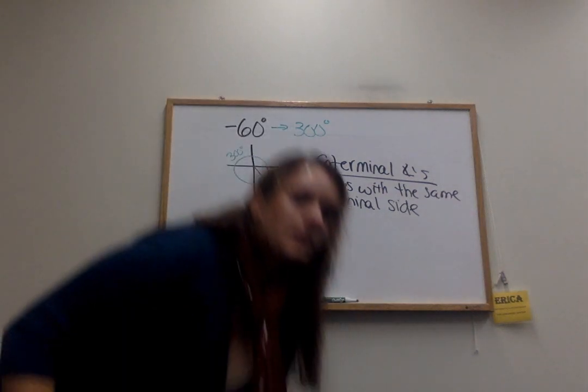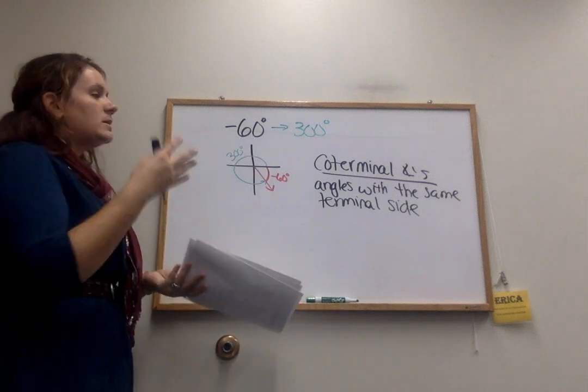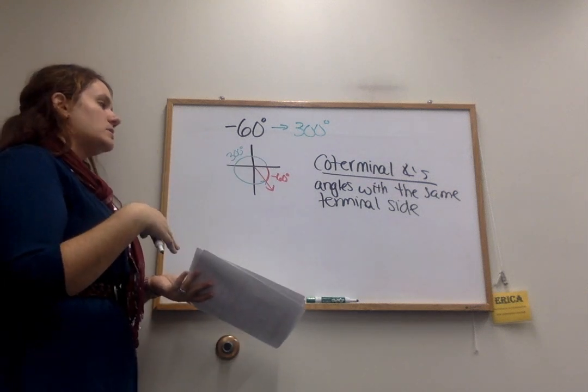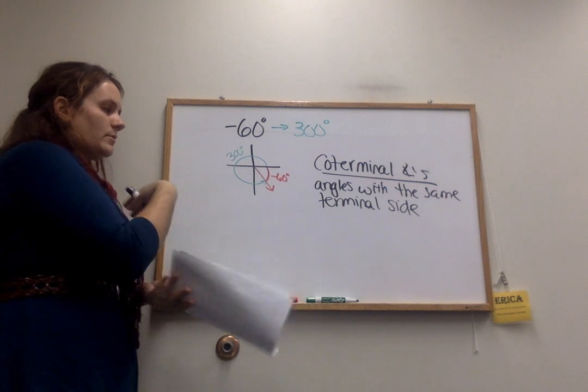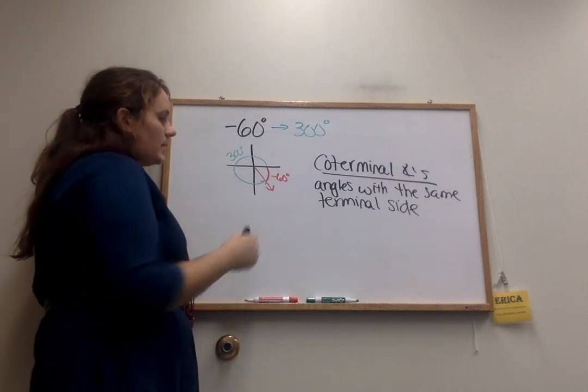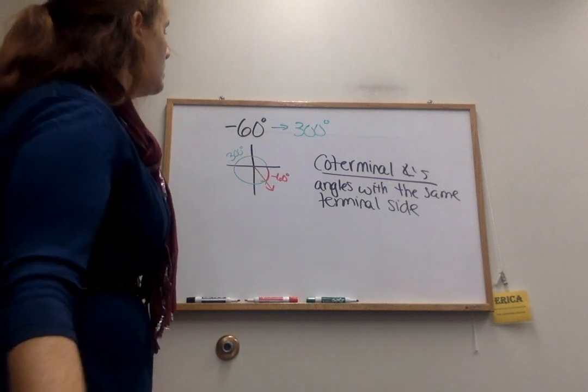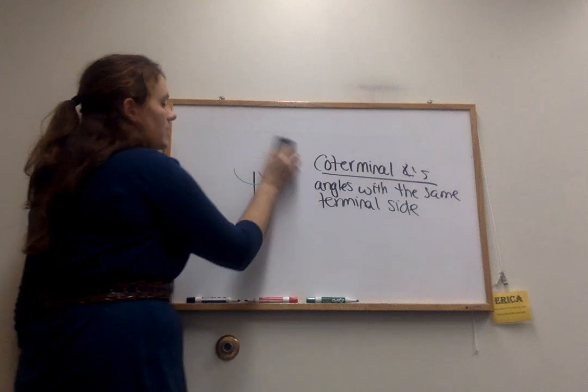So they both end in the same place. But usually when we're talking about coterminal angles, we're not going to take the time to graph them. We're going to find them algebraically. Let's look at another quick example with the graph, and then we'll talk about how to do it without drawing it.